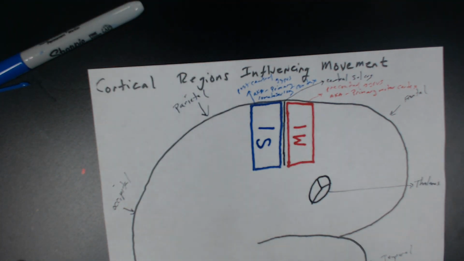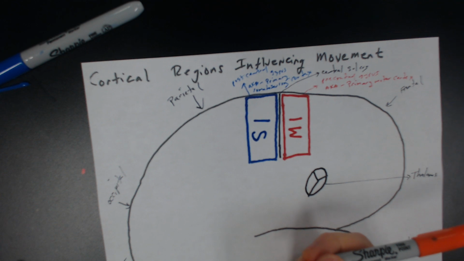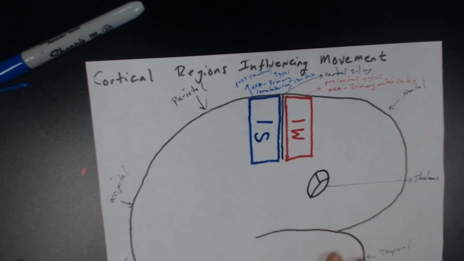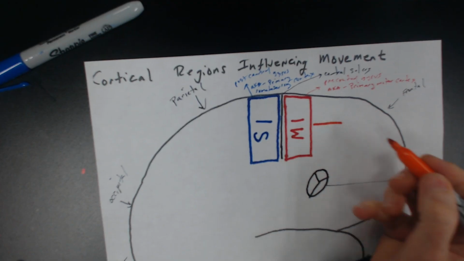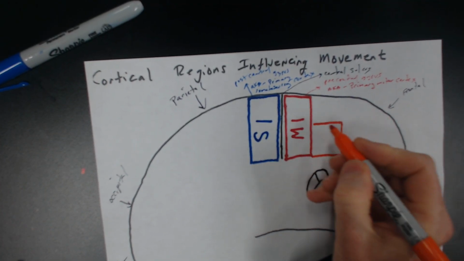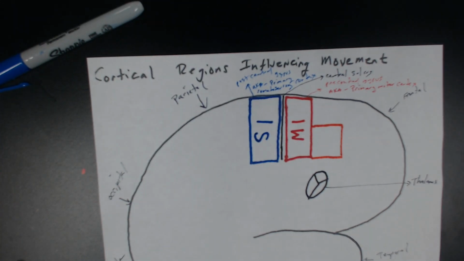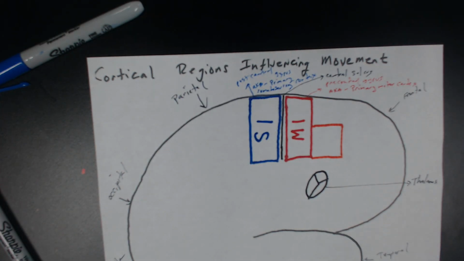Also new for today is going to be an area that's in front of, or rostral to, M1, also located in the frontal lobe. I have another area that's involved in movement, and that's known as your premotor cortex.